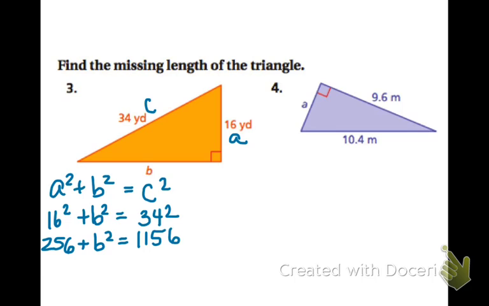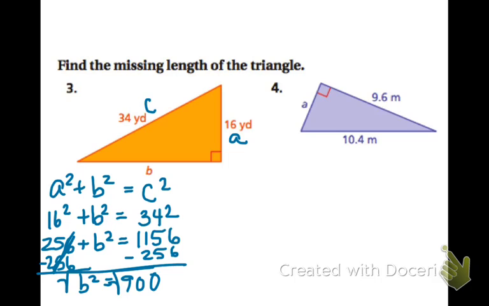Since we're solving for b squared, we must subtract 256 from both sides. Okay, that leaves us with b squared. And when we subtract, we get 900. If b squared is equal to 900, the square root of that would give us b equal to 30 yards.